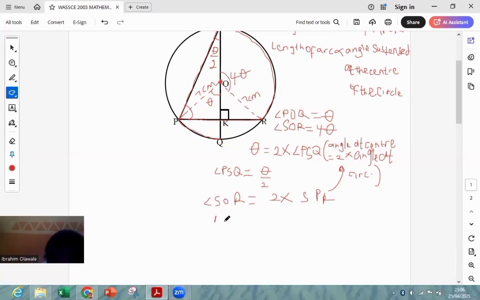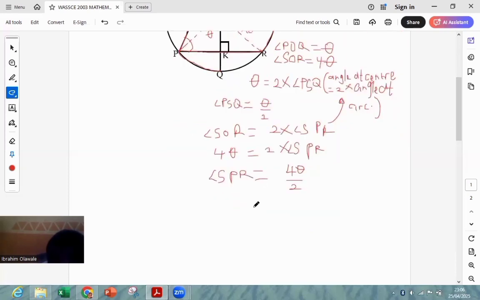But we know that SOR is 4 theta. So which will be equal to 2 times angle SPR. So let me change this to angle, so that angle SPR will be equal to 4 theta divided by 2.